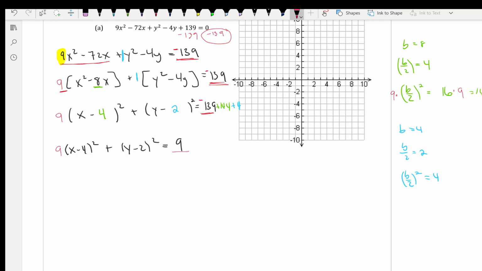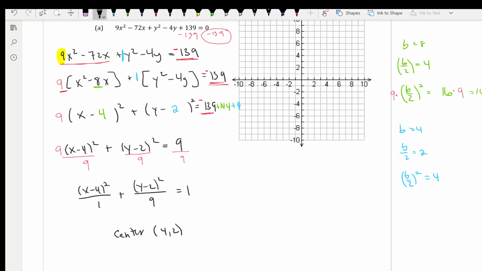So I'm going to divide everything by 9 here. So then that will give me x minus 4 squared over 1 plus y minus 2 squared over 9 equal to 1.